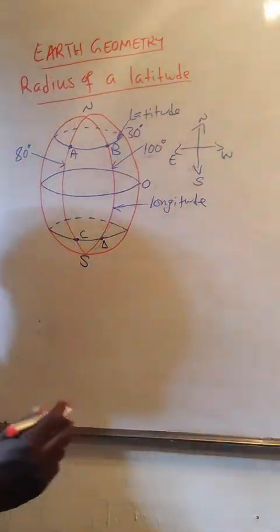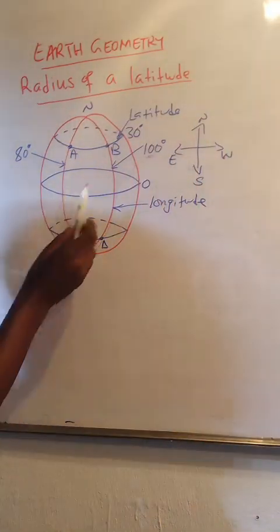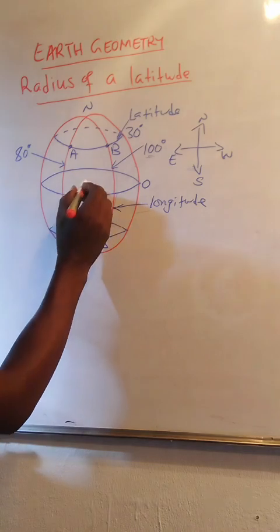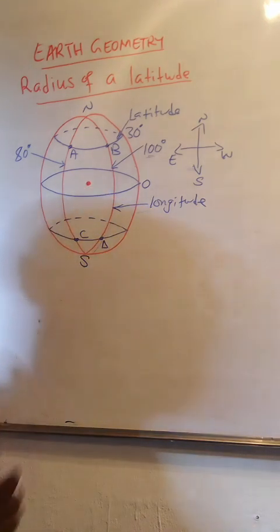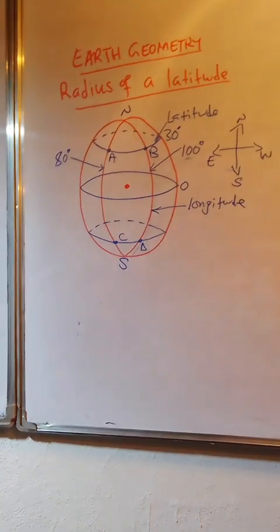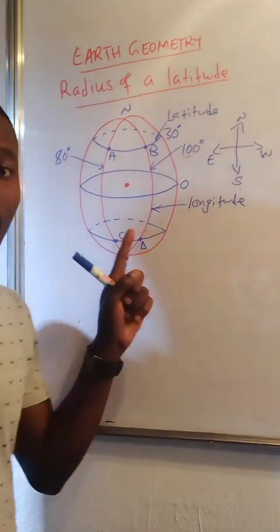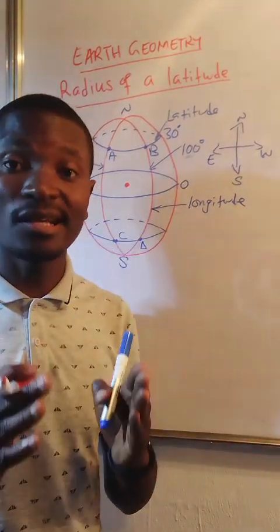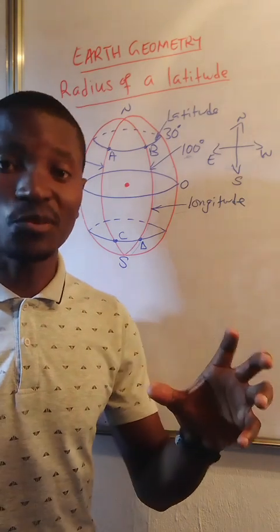Now, moving on. The point is this. When you have this Earth structure, we have this point, okay? This point could be the center of the Earth. That is the most important thing that we have to understand.